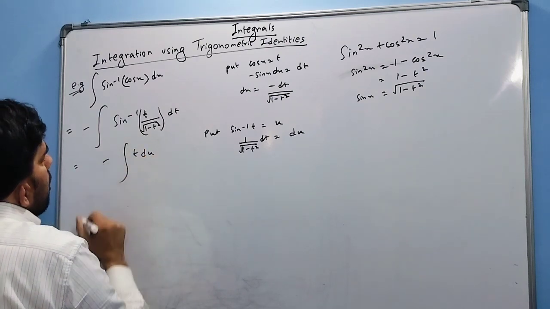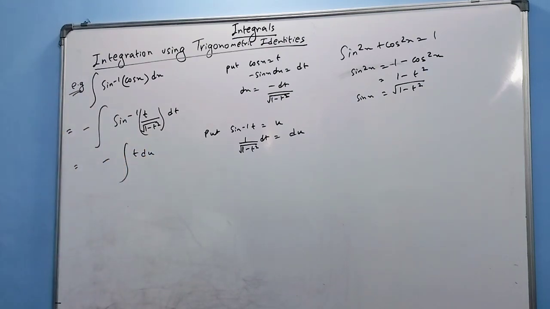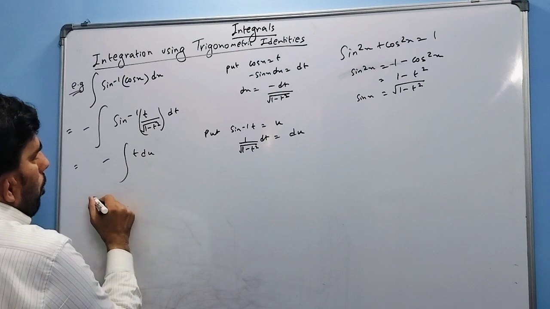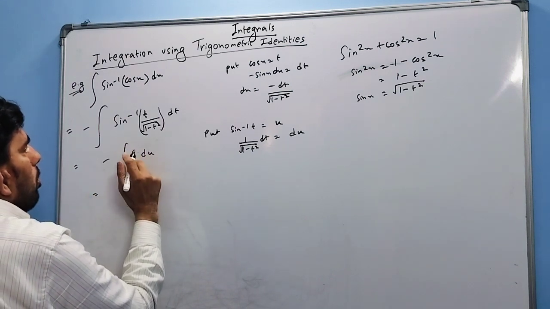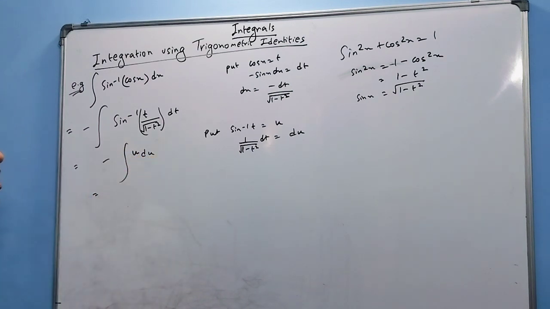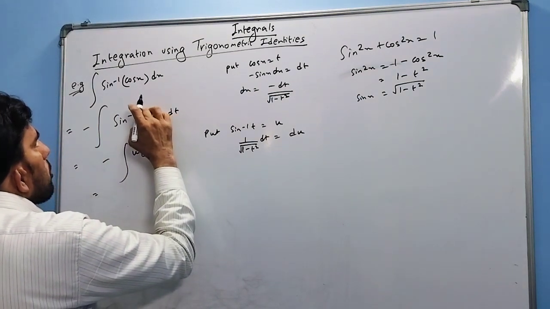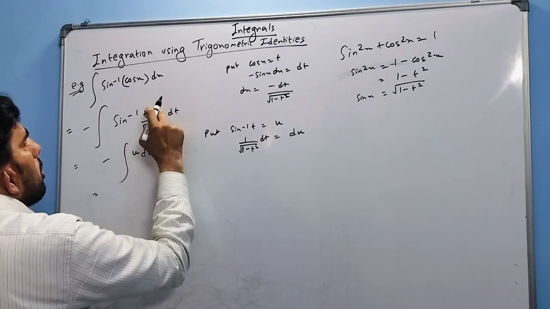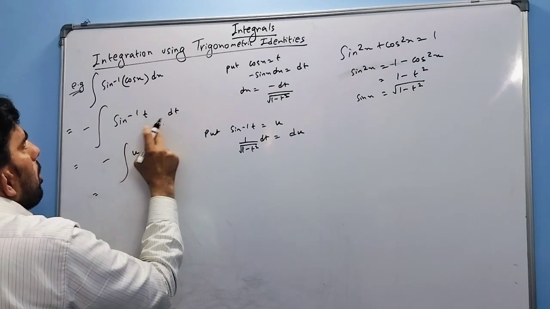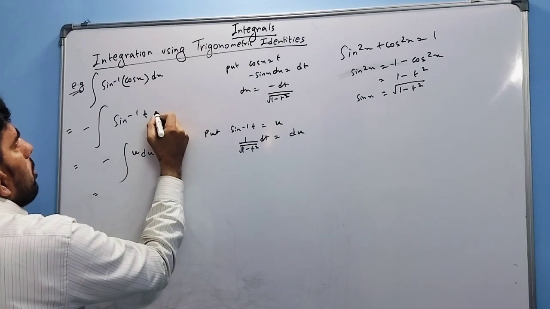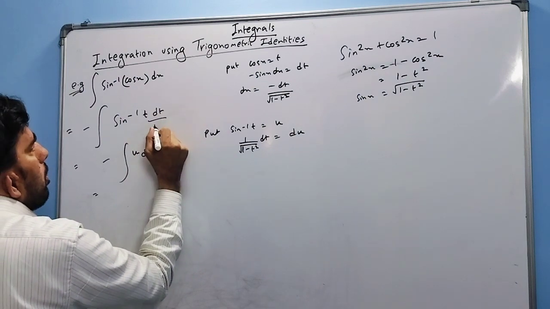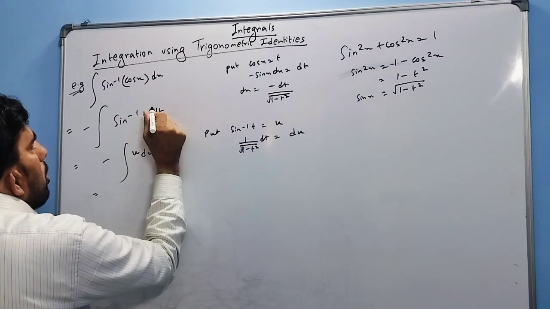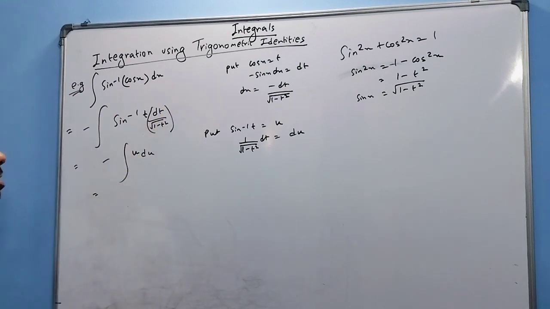Okay, so that is how we can solve this numerical. So this is what I have done. Now we have u du.